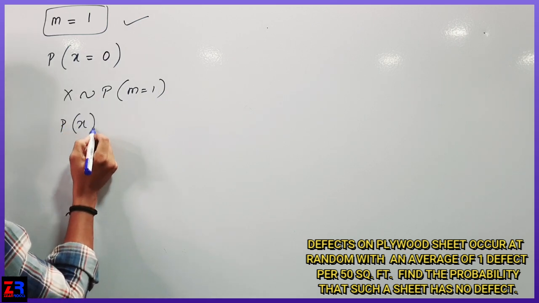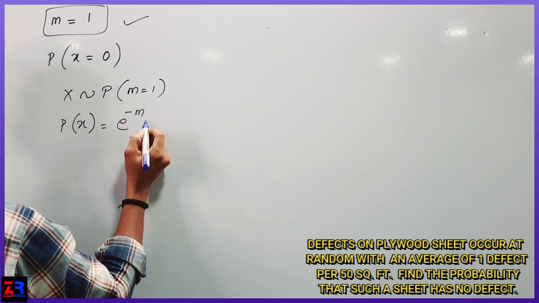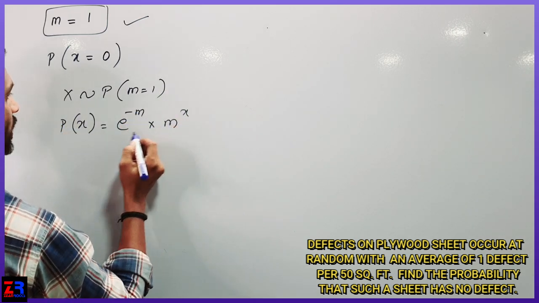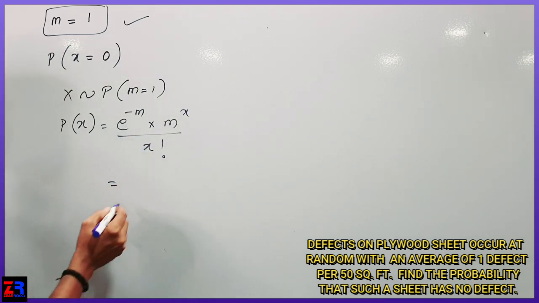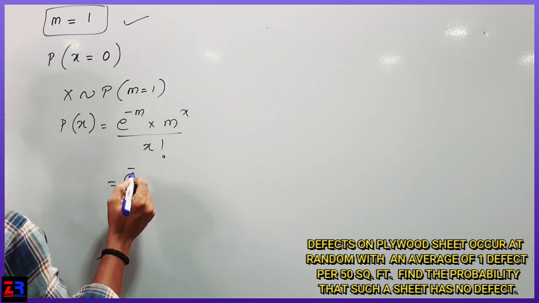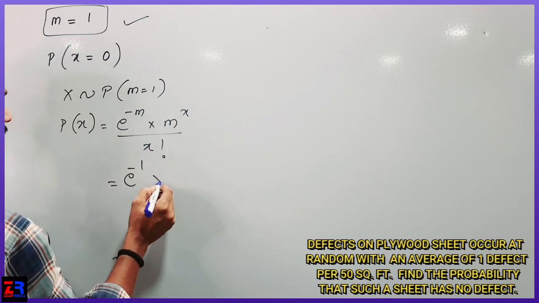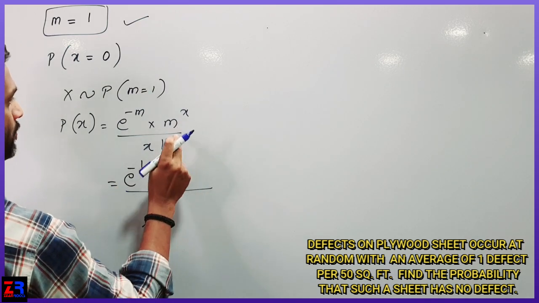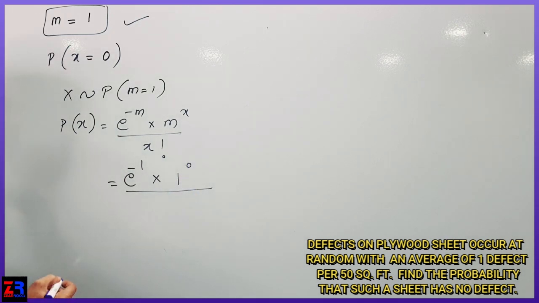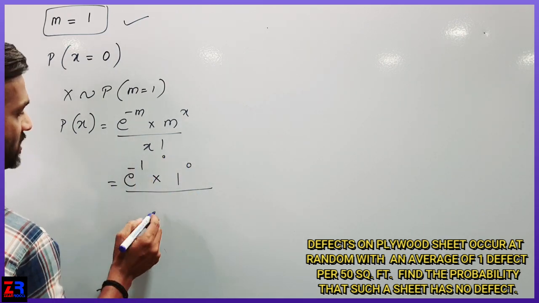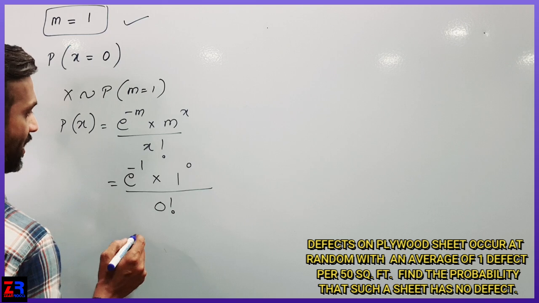Probability of x is e raised to minus m, m raised to x upon x factorial. So e raised to minus m is 1 into m raised to x, that is 1 raised to 0, x is 0, upon x factorial, means 0 factorial.